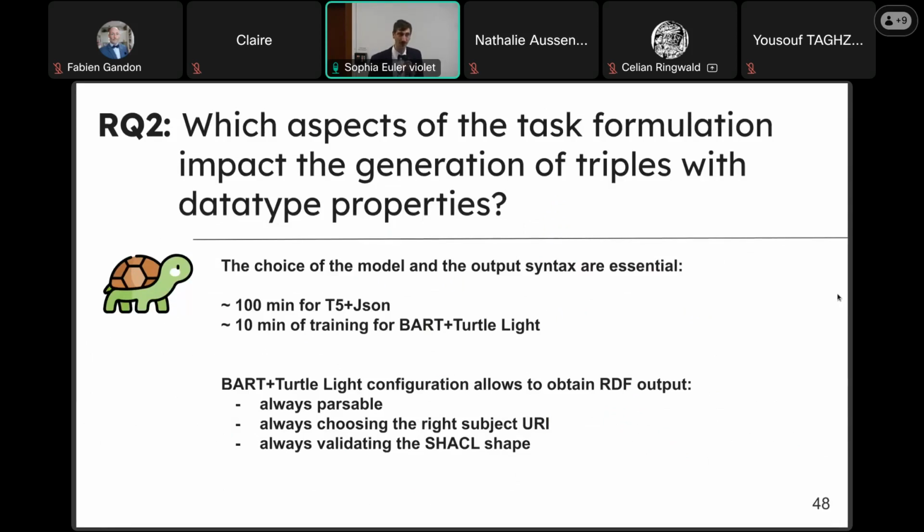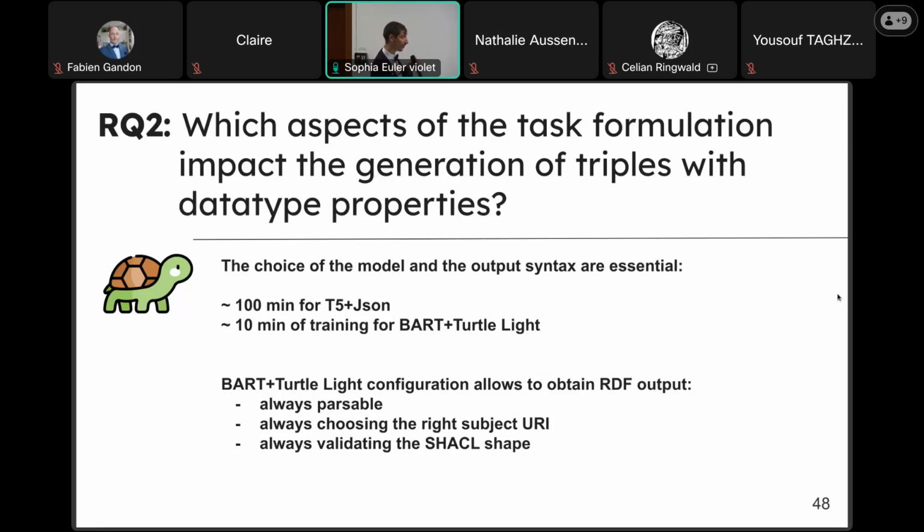Okay, so that's normally the time to conclude this second part. Thanks to our experiments, we've shown that the choice of the models and of the output syntax are essential. We show that to obtain performing models with T5 on JSON, we needed more than 100 minutes of fine-tuning, where we just needed 10 minutes of fine-tuning using BART on Turtle Lite.